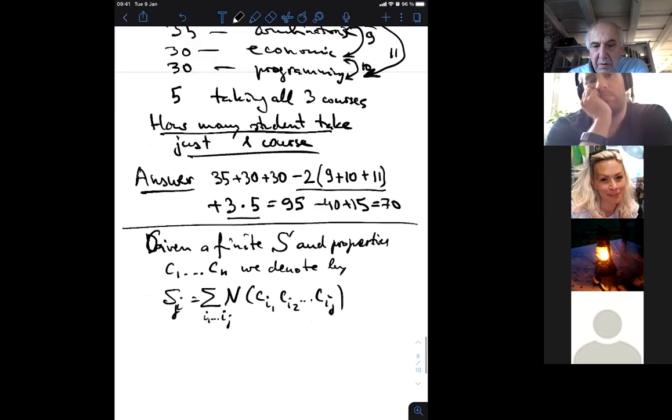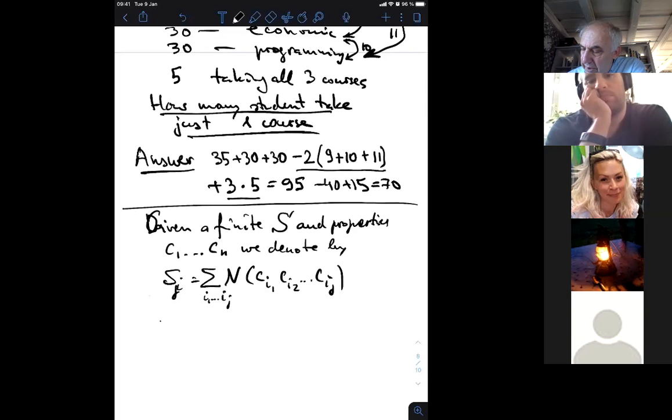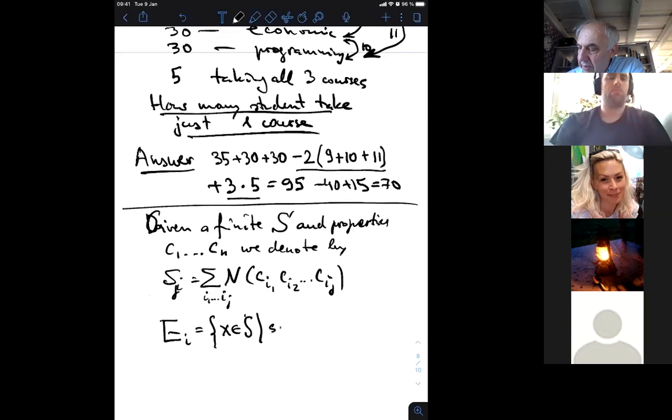And now we denote by Ei all elements in our set satisfying exactly i conditions.